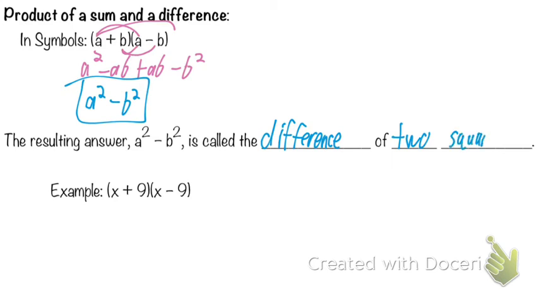Does anyone know what I mean by squares? To the second power. We also use it for numbers like 4, 9, 16, 25, 36. Something multiplied by itself gets to it. So a number squared gets to that. We call those numbers perfect squares.